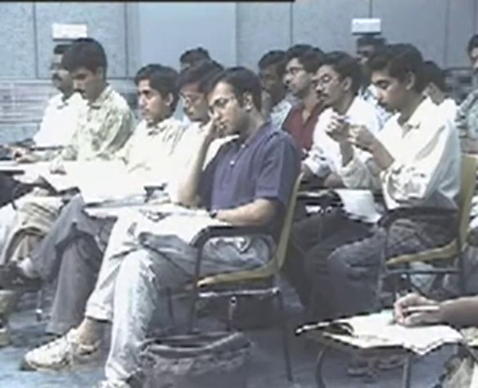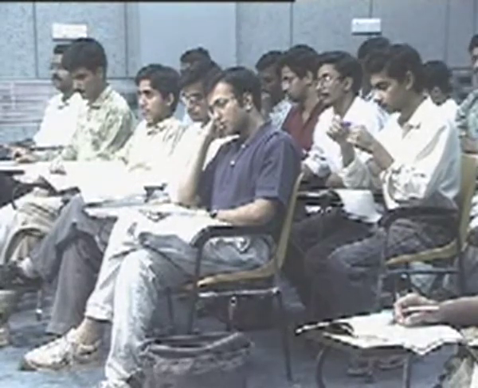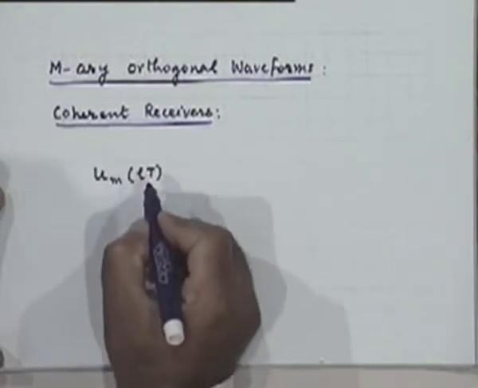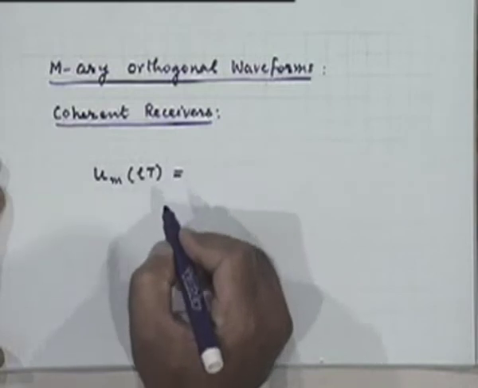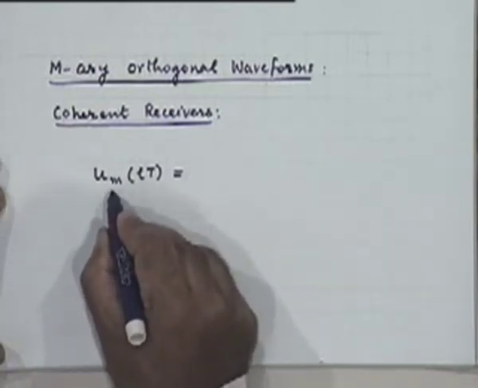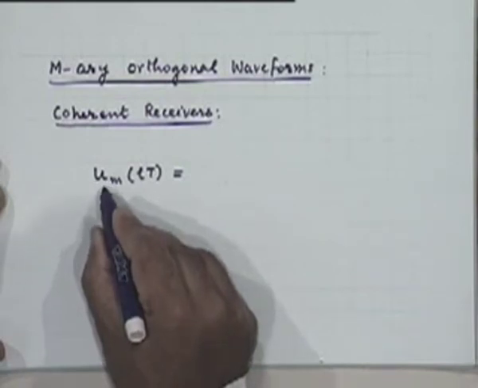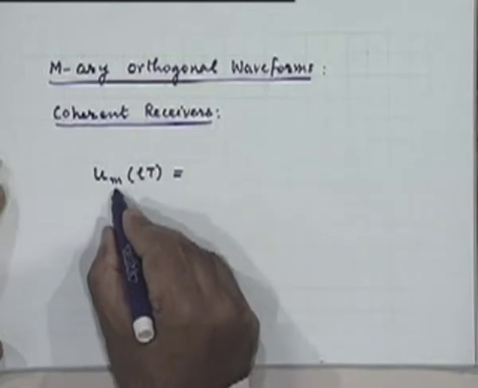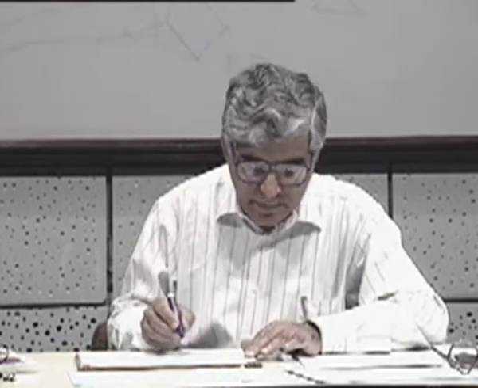That is the structure that we have in mind, and the decision statistic, I did go through this maths at that time, but it's very easy to even intuitively remember what it was. The decision statistic is to look at the matched filter outputs U sub m LT, right? The index m denoting the mth matched filter, LT denoting the time index corresponding to which you are looking at the symbol.